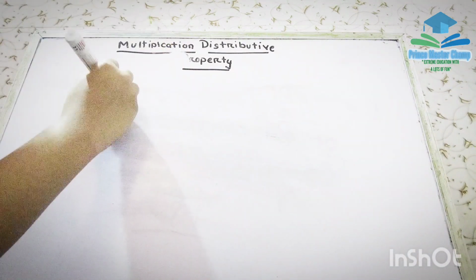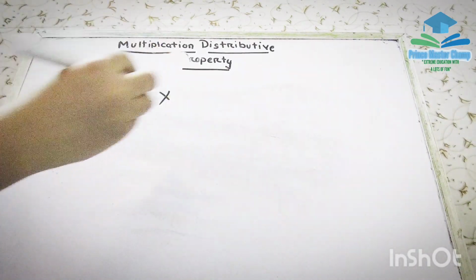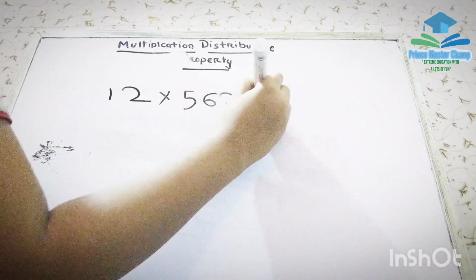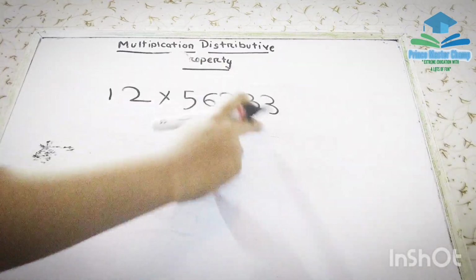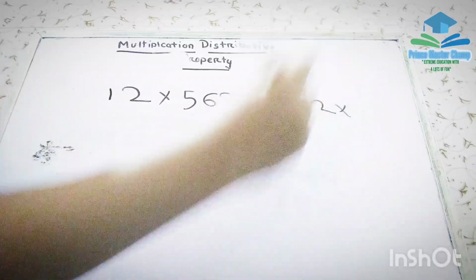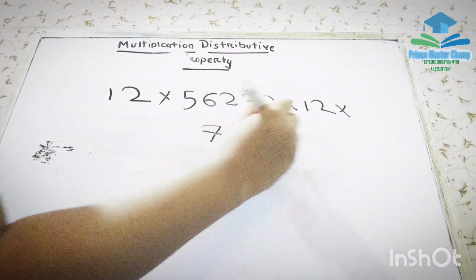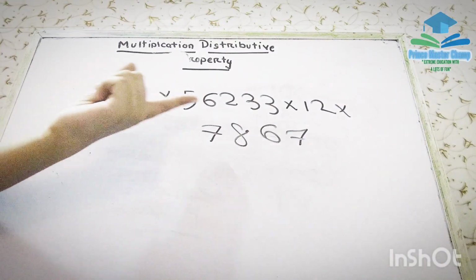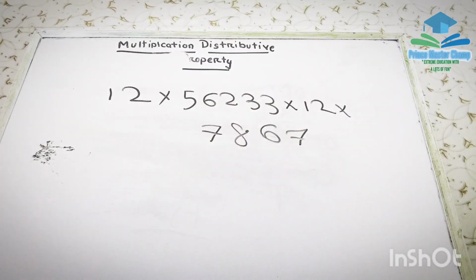For example, I have a number 12. 12 into, for example, 56,233, multiplied by 12 into, let us take a number, 7,867.